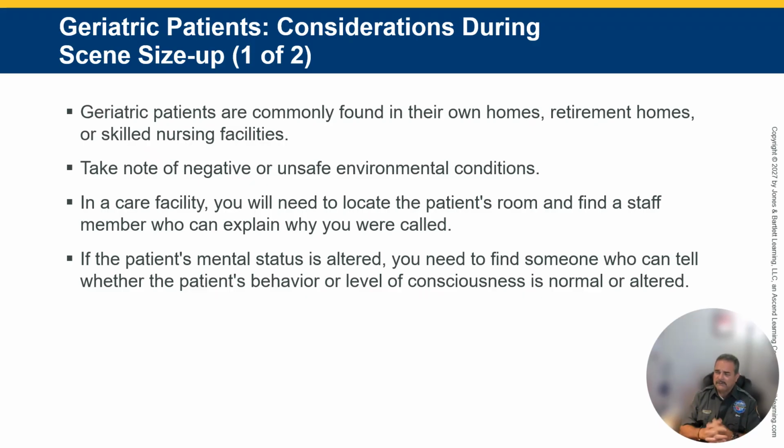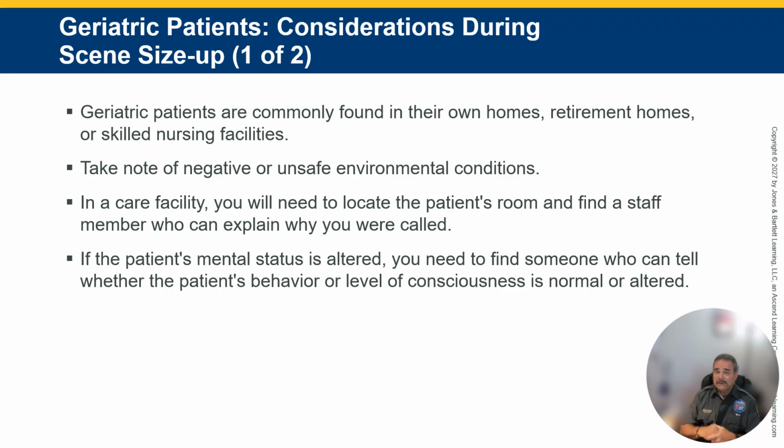Does it look like they're checking their mail? How's their refrigerator look? Has it got food in it? These kind of things. Because you're also an advocate for your patient. You're not just there to treat whatever the 911 call is, especially advocates for people that can't help themselves. The elderly patient, the young patient, the special needs patients. These are the patients that you truly need to be the advocate for.